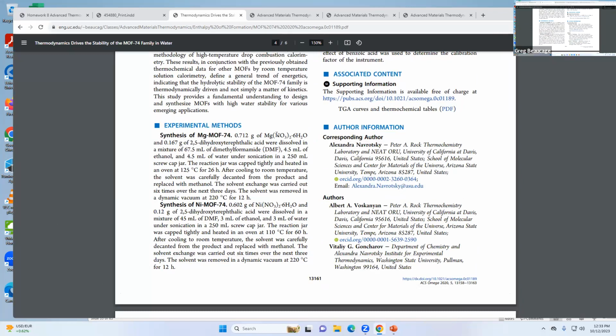You take magnesium nitrate, which you can buy, and it's got water. And you add this dihydroxy terephthalic acid. That is what you make water bottles out of, PET.